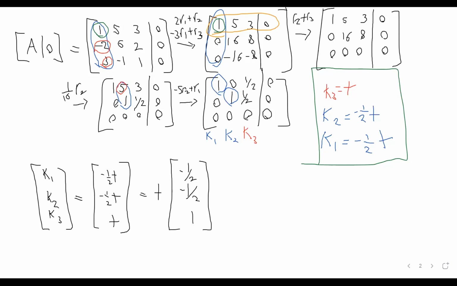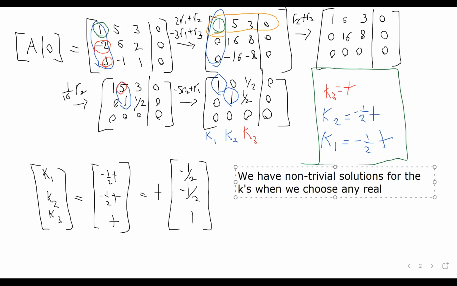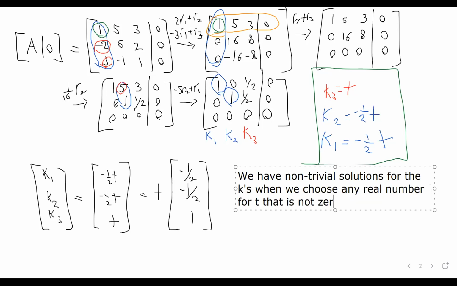And so you see that we have non-trivial solutions, for the case when we choose any real number for T that is not 0. So we choose a T that's not 0, and then we get corresponding values of K, which are not all 0, which satisfy our equation. So the equation has non-trivial solutions.